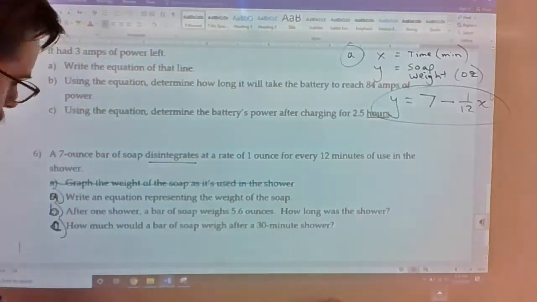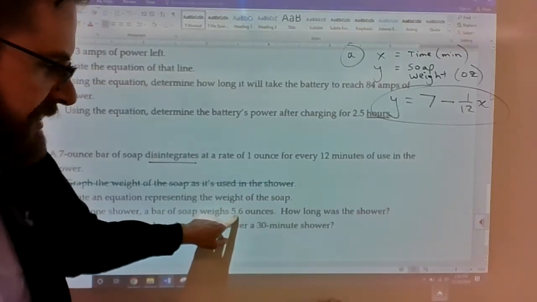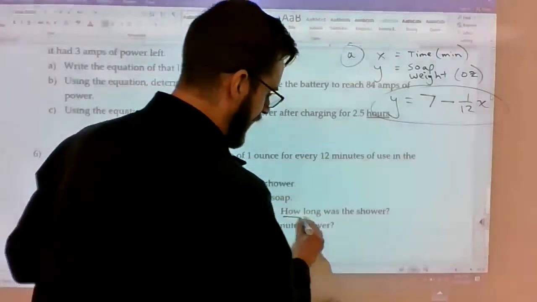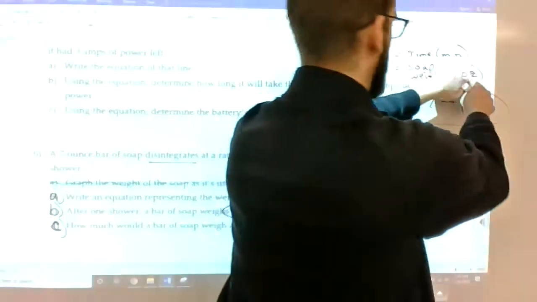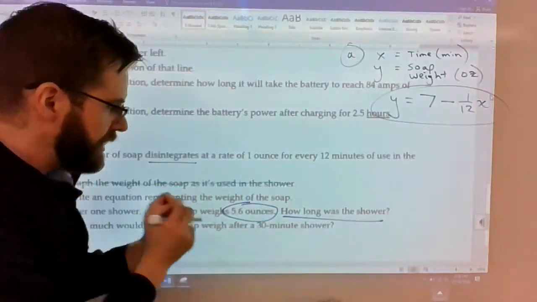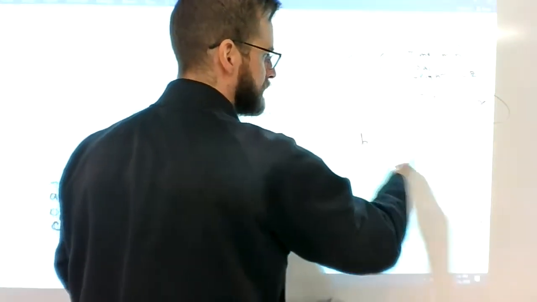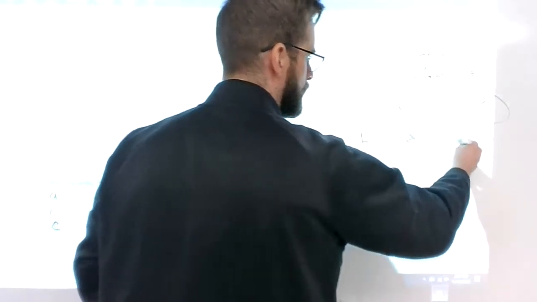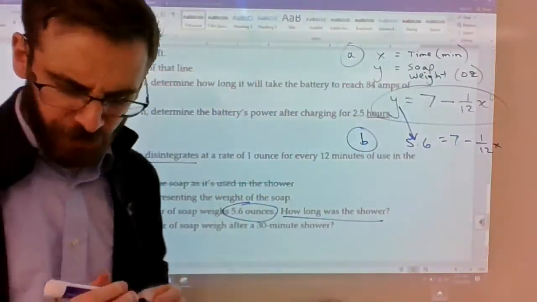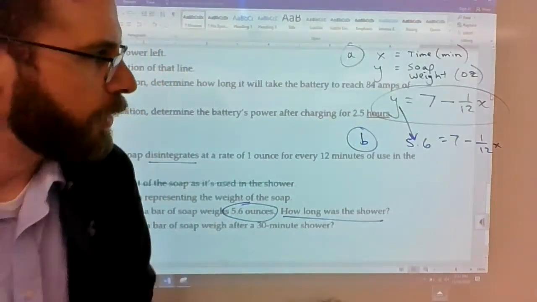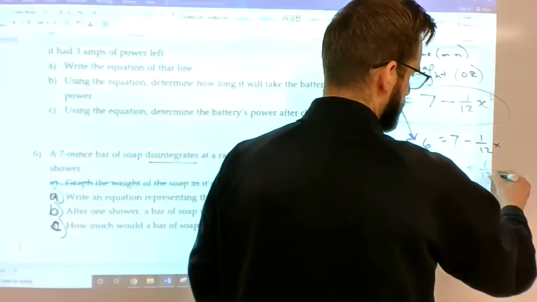Part B, after 1 shower, a bar of soap weighs 5.6 ounces. How long was the shower? Okay, 5.6 ounces is a y value. So you're plugging y equals 5.6 in for part B. And then I showed you this little trick on the last video where you can move the x term to the left.